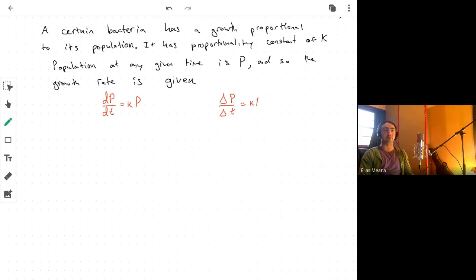So this would be an approximation. This would be like saying if you've got a curve, let's say this is the population, take a point here, take a point here, and draw a straight line through it, whereas this is referring to the tangent line. That thing is referring to an instantaneous rate of change, whereas this one is referring to an approximation. Does that make sense?